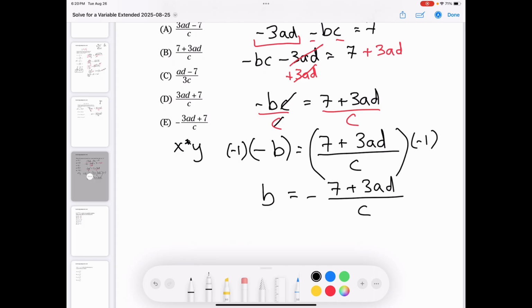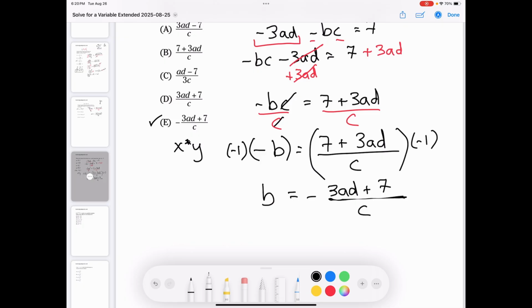And the way I make it explicit that it's applied to the entire expression is I'm leaving it basically parallel to the division sign, right? Okay, great. So if I rearrange this, I can rewrite this as 3ad plus 7. That means that our answer in this case is E.